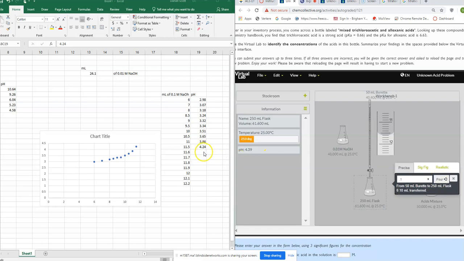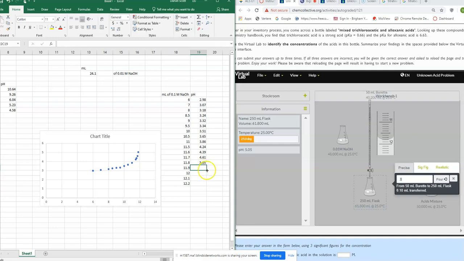All right, 4.39. .61. .05. It's still going really fast, so I'm going to change it down to 0.05.